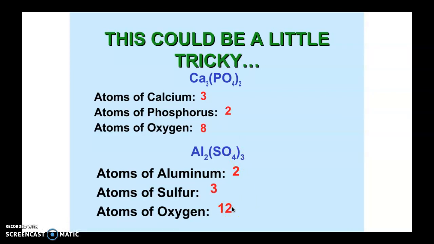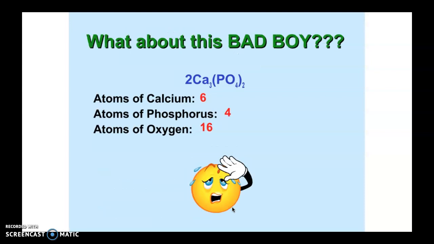Finally, the most complex scenario you'd find is this. You have subscripts, you have coefficients, and you have parentheses. Let's start here at the beginning. Anything you get, you're going to have to multiply by 2. You do everything you did before, but then multiply it by this coefficient of 2. Calcium's by itself. I have 3 of them, but I have to multiply calcium by 2, so I get a total of 6.